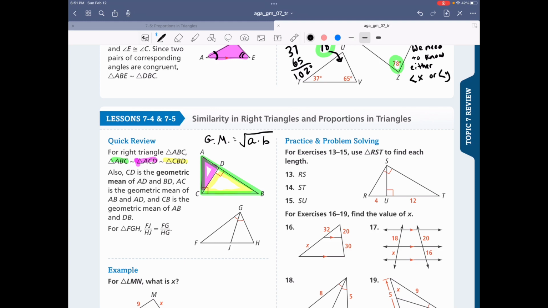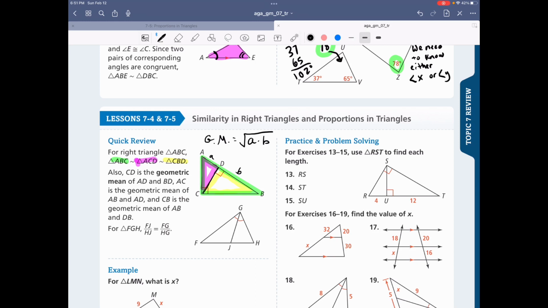So when they say that CD, that was the first one we showed, where this would be A and B, and then here we'd have CD. But they're also saying that AC is the geometric mean of AB and AD.